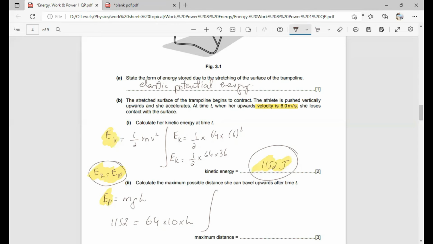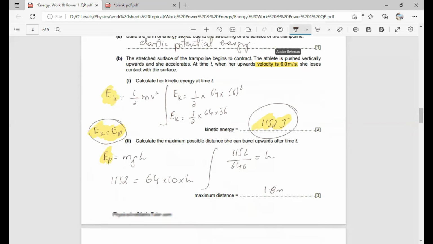So 1152 over 640 is equal to h, which is 1.8 meters. So this is 1 mark for the formula, 1 mark for the energy, and 1 mark for your calculation.